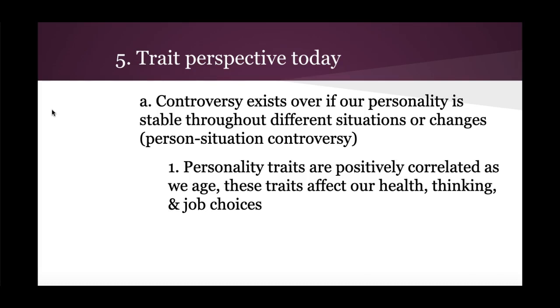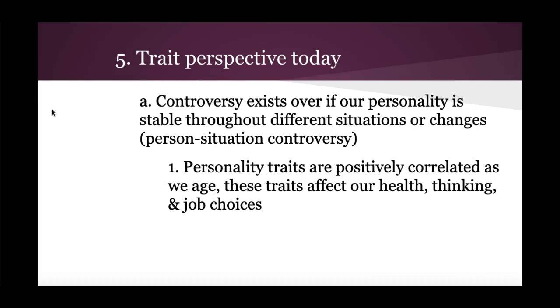My traits are going to become stronger as I age, which is why when you took the Big 5 personality or even the 16 personalities, one of those self-assessments, I did tell you that if you did it again, say in 5 years, you may not get the exact same results. However, as you get older, your traits are going to be a lot more stable. So there is that consistency.